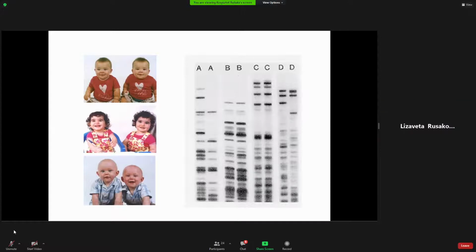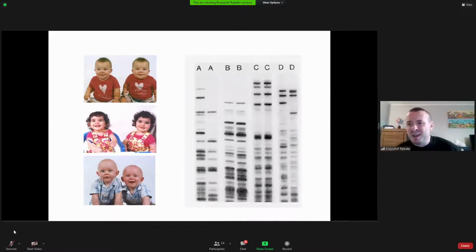Yeah, but if they are healthy and do not suffer from diabetes, I guess we will not detect this glycated hemoglobin.